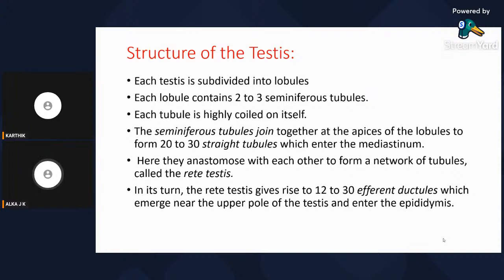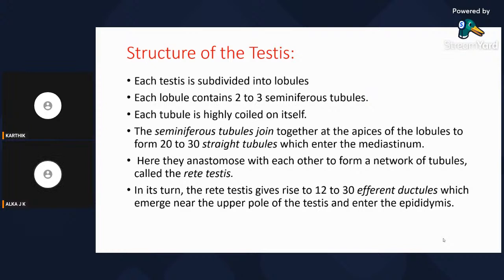The tubules are lined by cells which represent the stages in the formation of spermatozoa. The seminiferous tubules join together at the apices of the lobules to form 20 to 30 straight tubules, which enter the mediastinum. This structure of testes is very important from the exam point of view. You have to read it and learn it by heart.